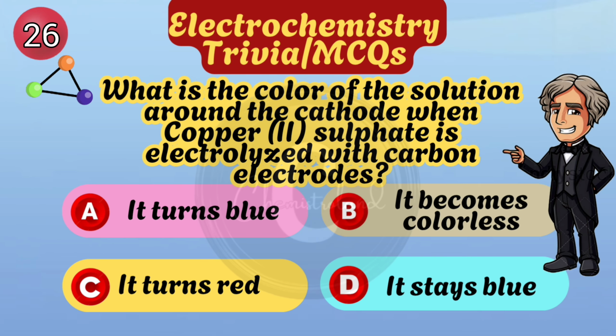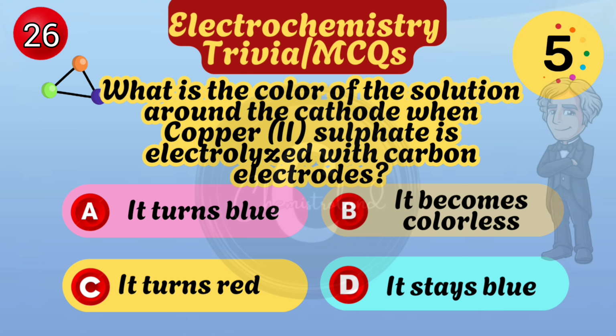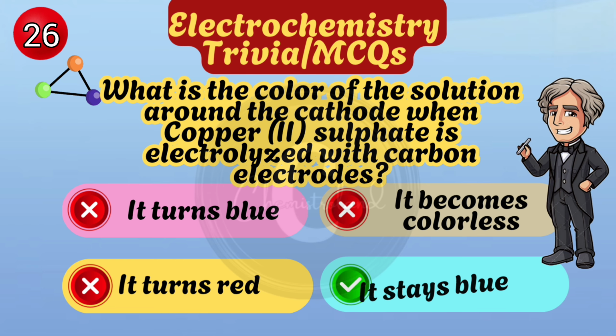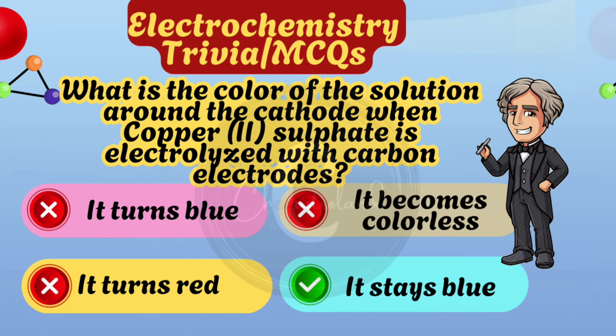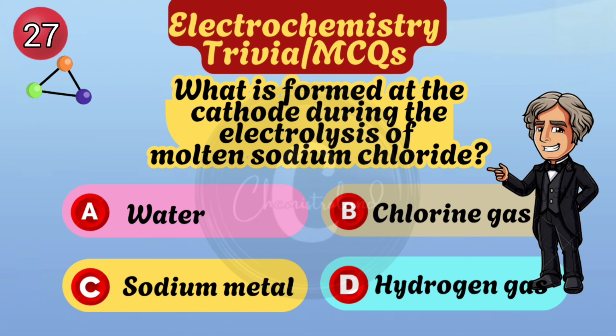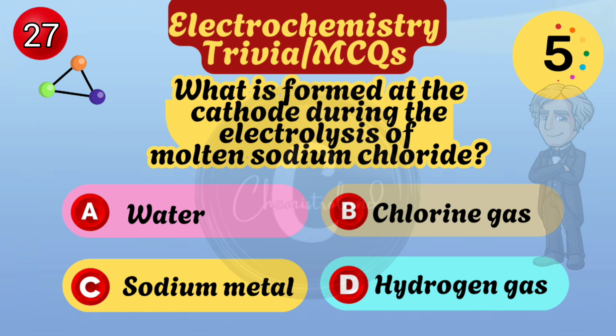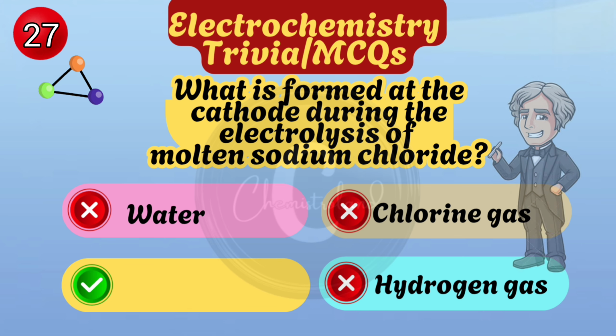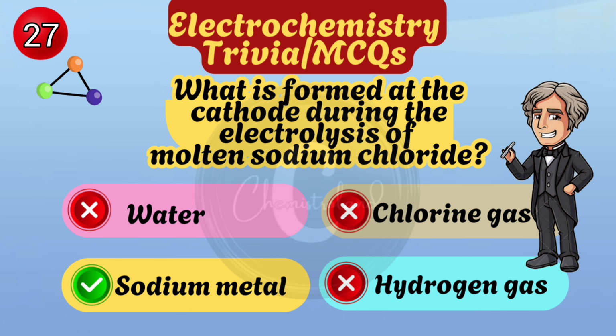What is the color of the solution around the cathode when copper(II) sulfate is electrolyzed with carbon electrodes? It stays blue. What is formed at the cathode during the electrolysis of molten sodium chloride? The right answer is sodium metal.